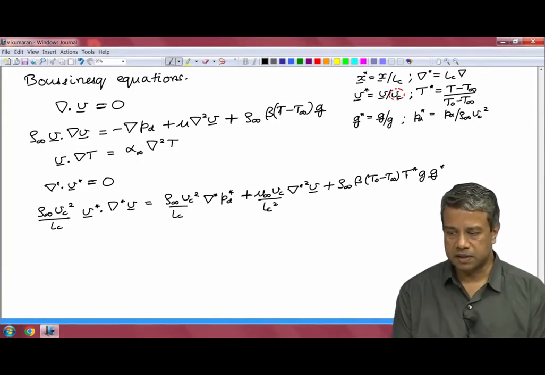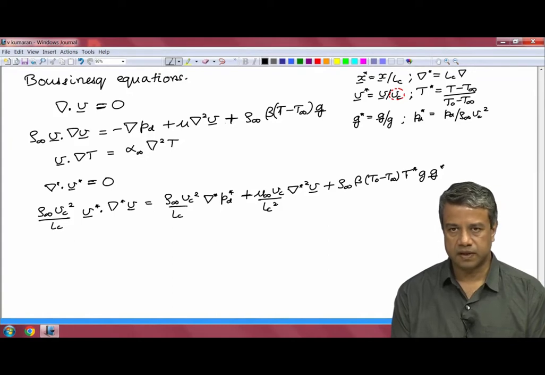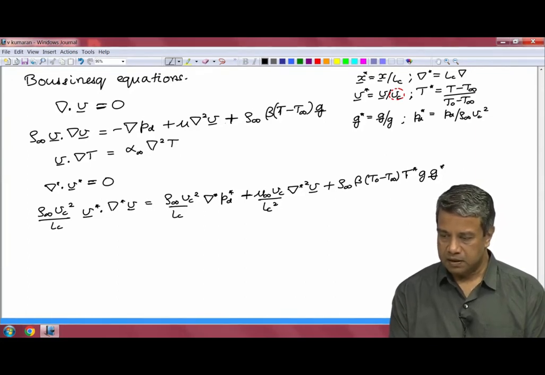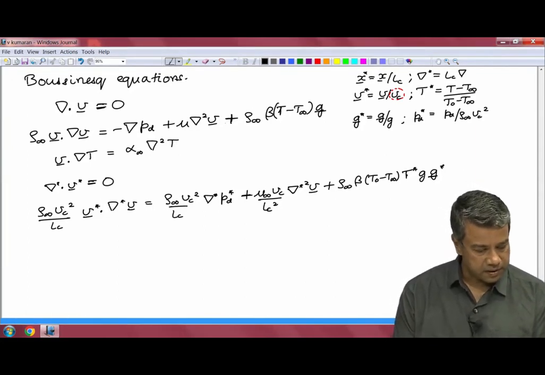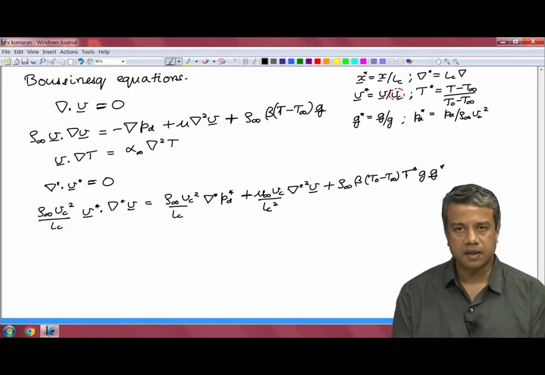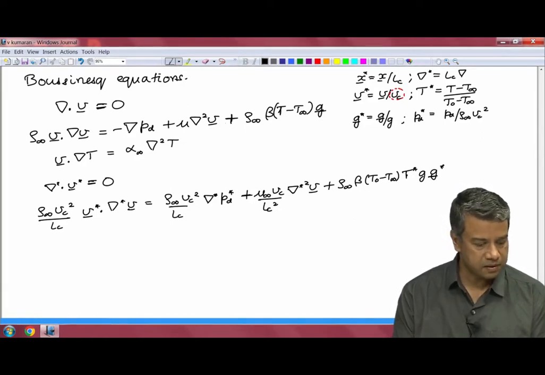Where this g star vector is a unit vector in the direction of gravity, because it has unit magnitude, and g is the gravitational acceleration. So, that is the equation. And you can scale either by the inertial or the viscous terms. In this case, I will scale by the inertial term, because I know that in the end the inertial term is going to be dominant.